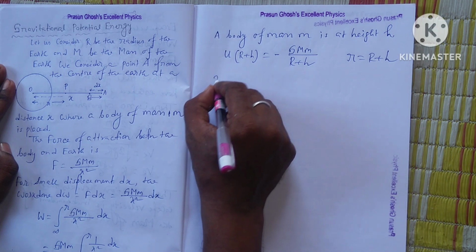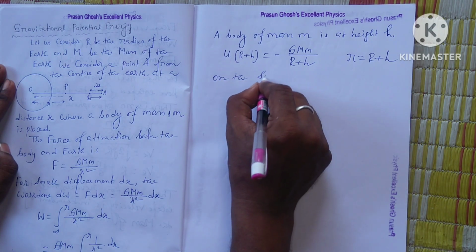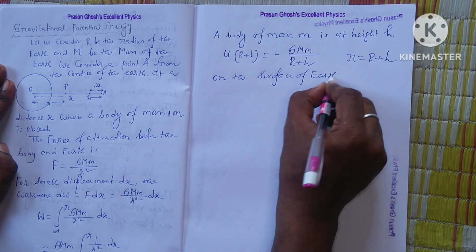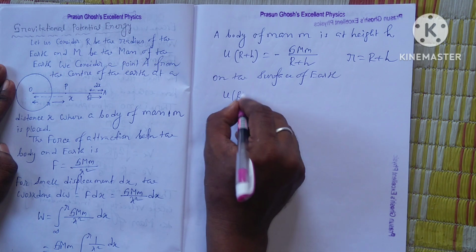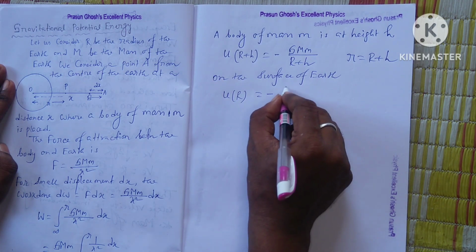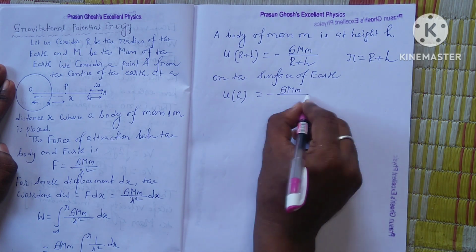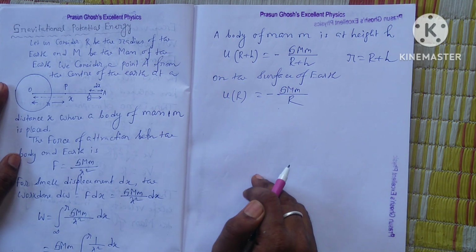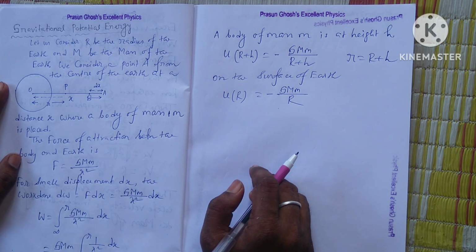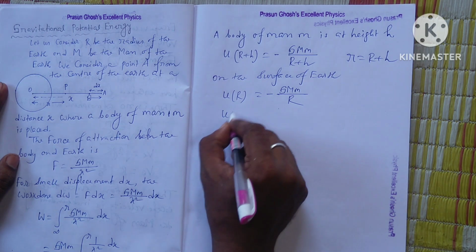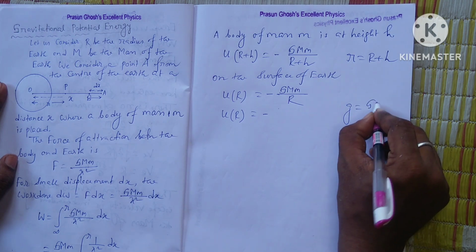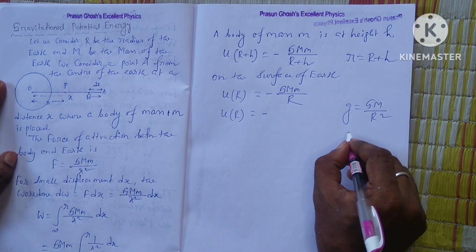Now on the surface of earth, we get minus, we know that g equal to GM by R square.